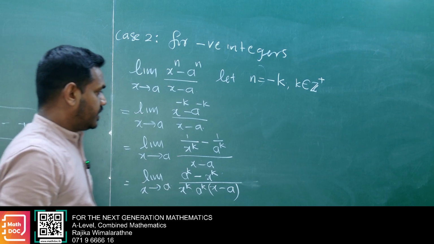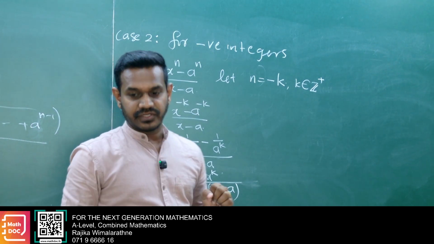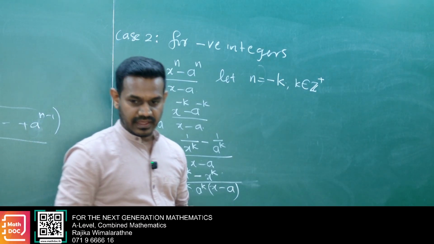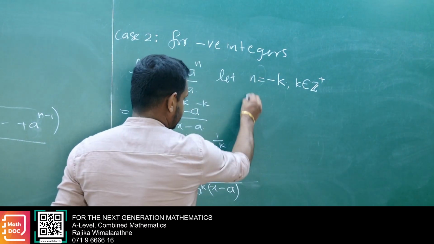Now k means positive integer, no? K positive integer. Then the positive integer proof we have done previously. Therefore you can directly apply that. Then I'll write this one.